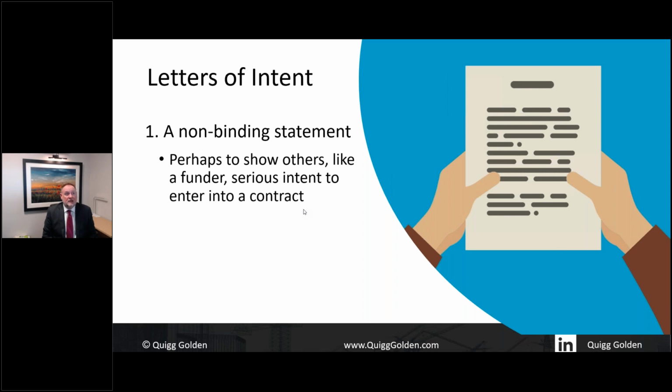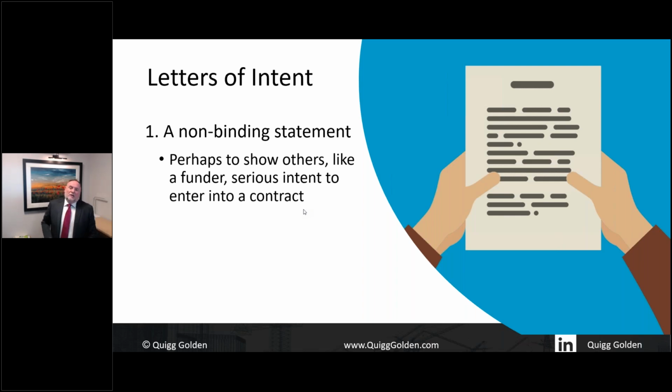It might be that the main contractor wants a subcontractor to put some serious time and effort into tendering for a project, or giving the main contractor a price, and the subcontractor saying, well, why would I do it? Have you got a main contract? Are you in contract to do this?